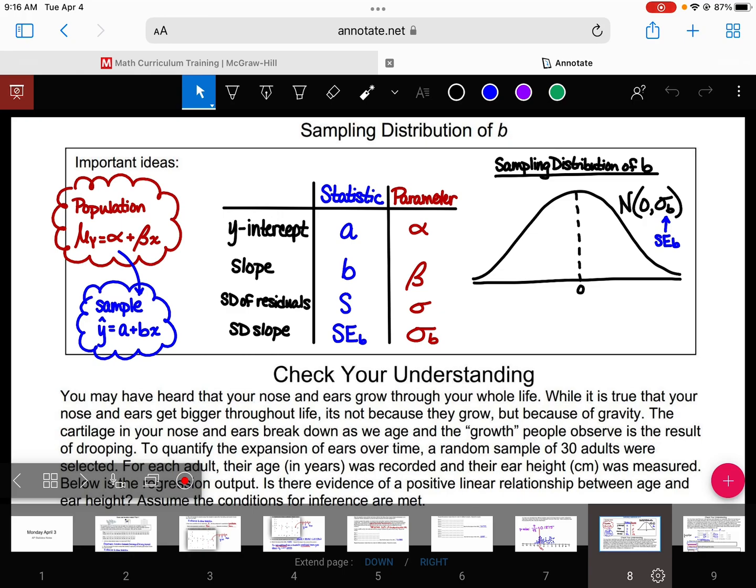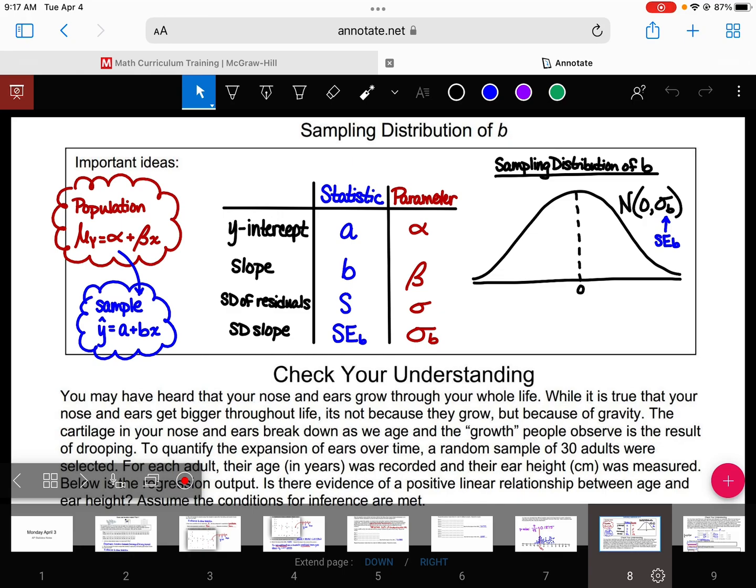Once you are done copying this down, I want you guys to look down at the check your understanding. Read that paragraph there, and then look at the Minitab data. Minitab is a statistical piece of software. What is printed down below that paragraph is what Minitab data output often looks like.